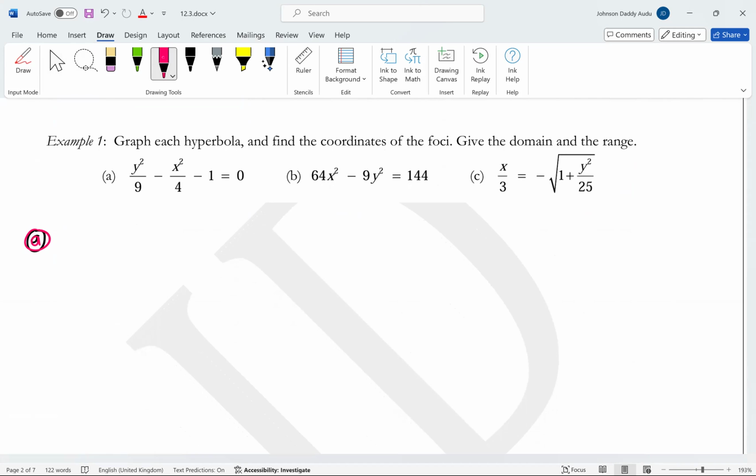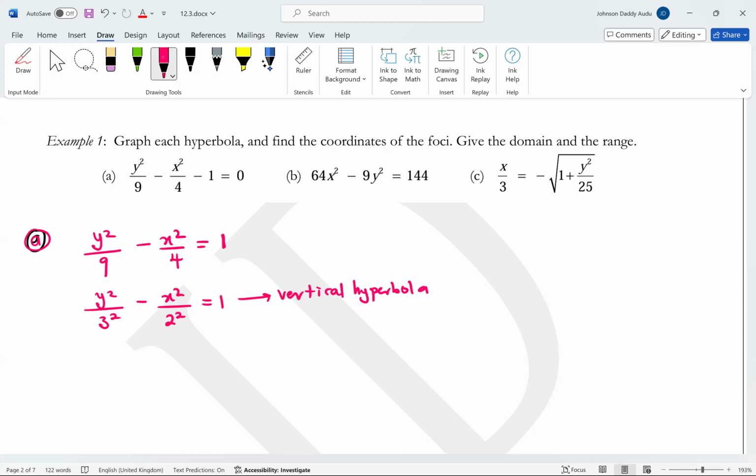Here we have y squared over 9 minus x squared over 4 equals 1. And now you can see that this is directly a vertical hyperbola. So we can write it as y squared over 3 squared minus x squared over 2 squared equals 1. So this is nothing but a vertical hyperbola.